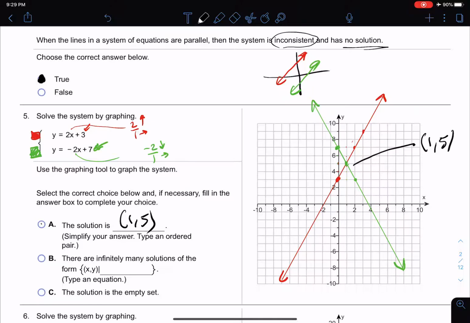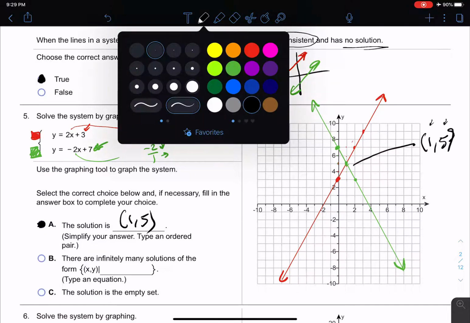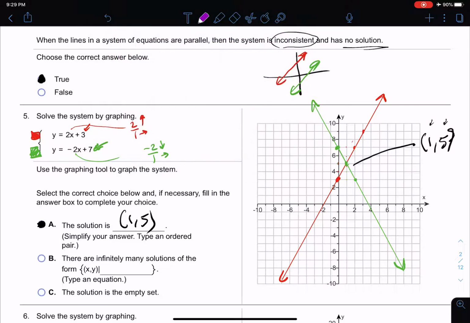And so that's A. Now, once again, if you had time, this is not required, but if you had time on the test, you could know for sure if this is going to work by simply plugging in a 1 for x and a 5 for y just to see if it's going to work. Let's do that real quick. I think I'm going to use some purple colors to do that.